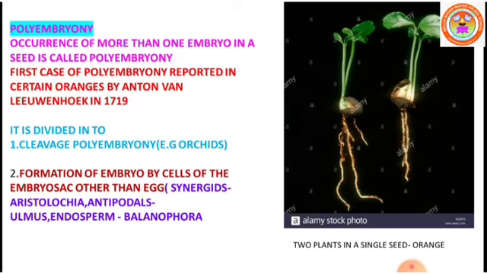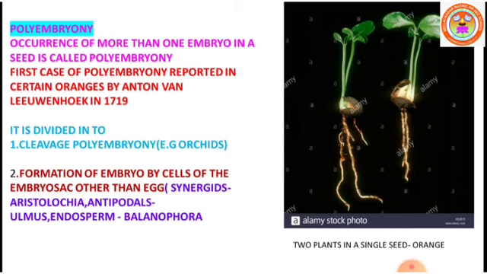Okay, so synergids, example, Aristolochia bracteata. Refer to the pollination in Aristolochia, the picture is available. In the synergids of Aristolochia, more than one embryo is formed. Next, antipodals of Ulmus. Endosperm from Balanophora, this is a rare case.